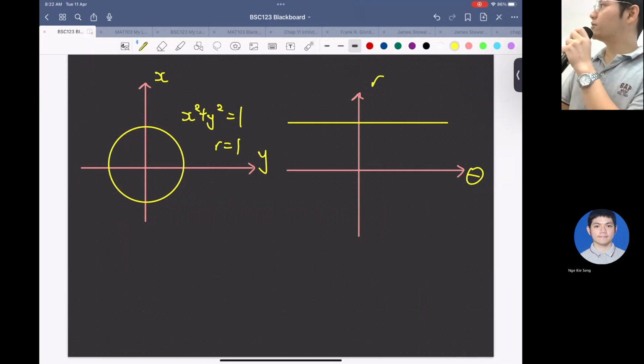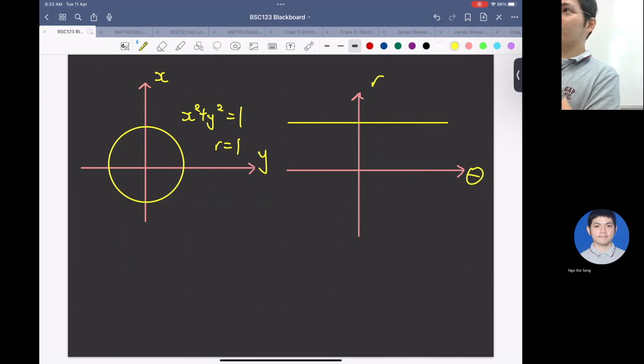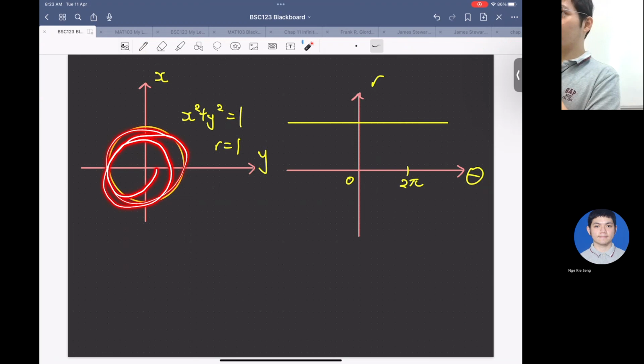When we draw in the r over theta plane, we have the whole real line, right? Last time we saw this. And we also mentioned that you just take 0 to 2 pi, then this 0 to 2 pi will wrap around the circle once.